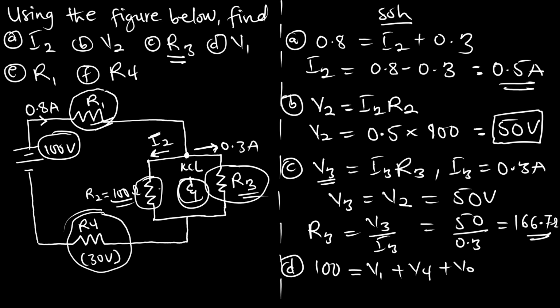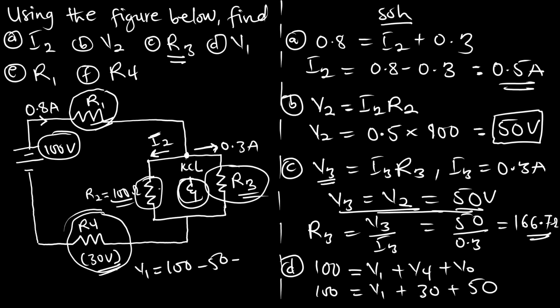So 100 should be equal to V1, which we are looking for, plus V4, which we have as 30 volts given, plus V0, the voltage across resistors 2 and 3, which we know is 50 volts. So V1 equals 100 minus 50 minus 30, which gives us 20 volts. So there is a 20 volt drop at resistor 1.